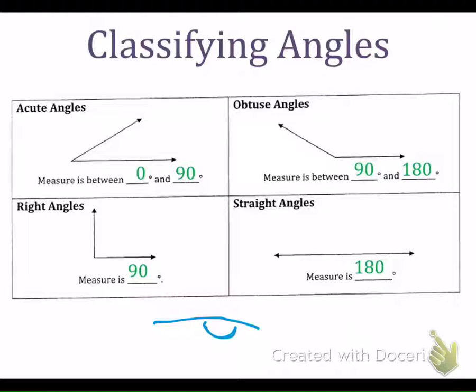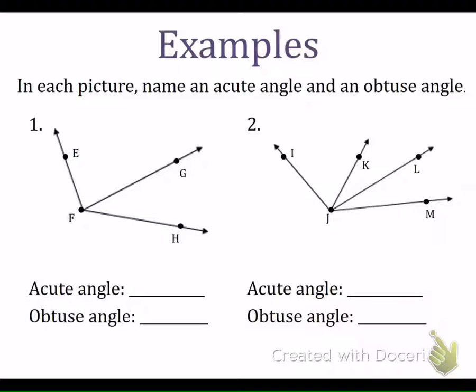No, ma'am. 4 types. In each picture, name an acute angle and an obtuse angle. Yes. I'm sorry, I'm just pointing. Yes. GFH is an acute angle. Angle GFH. Perfect.